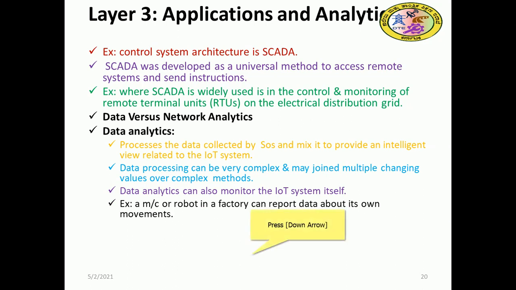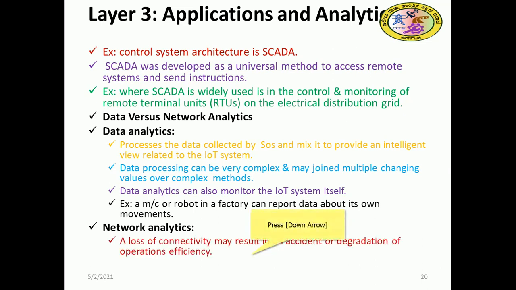For example, a machine or robot in a factory can report data about its own movement, so its local information is reported to the master. With network analytics, loss of connectivity may result in accidents or degradation of operational efficiency. The control module can no longer modify local object behavior, which is actually essential.